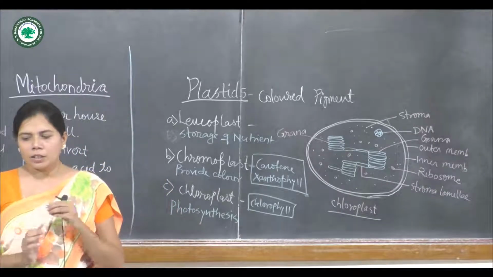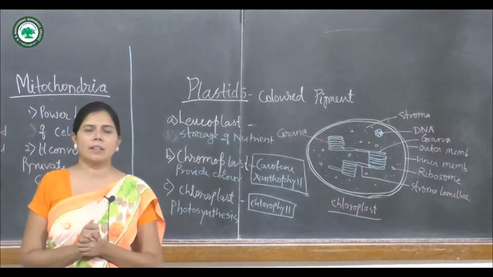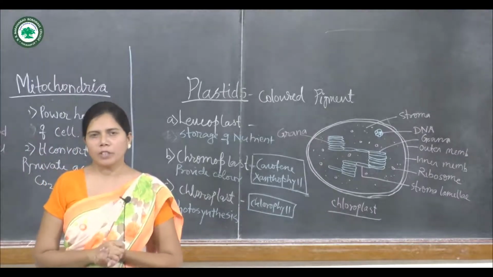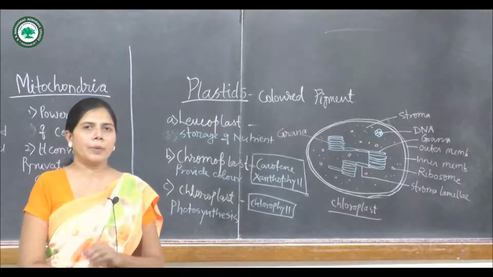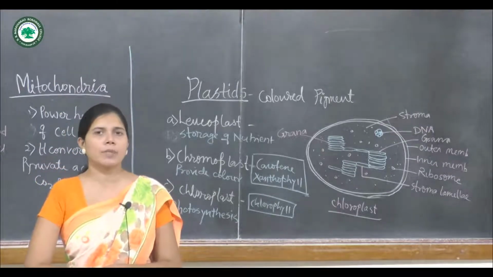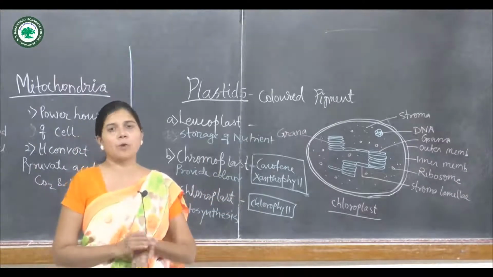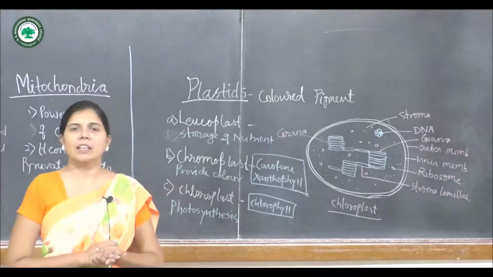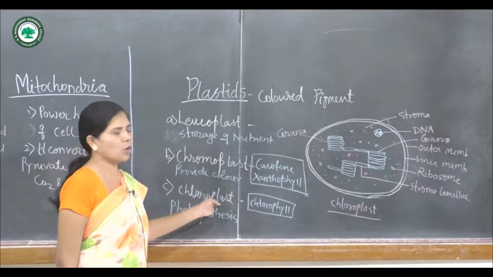Now, the leucoplast and chromoplast, both plastids, are not involved in the process of photosynthesis, because the green colored pigment chlorophyll is absent in the leucoplast as well as in the chromoplast, but the green colored pigment is present in the chloroplast.